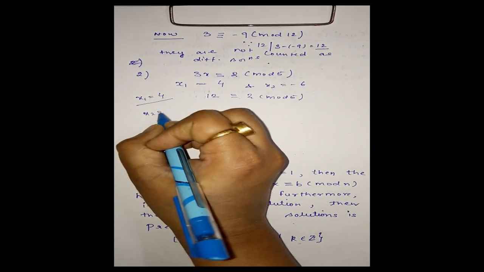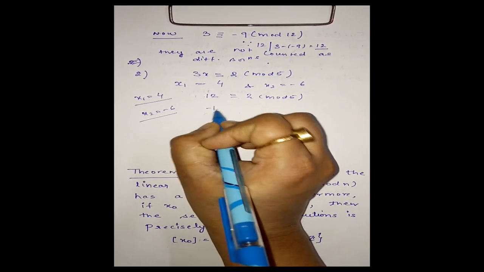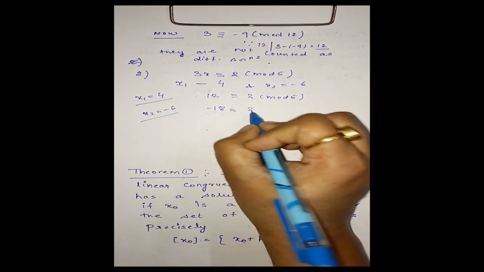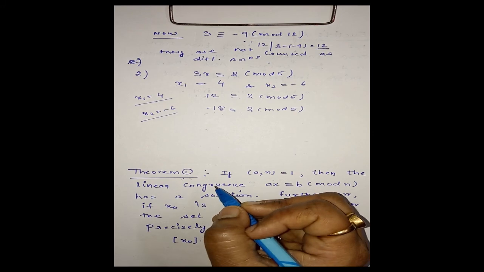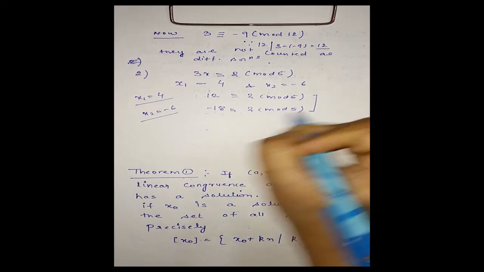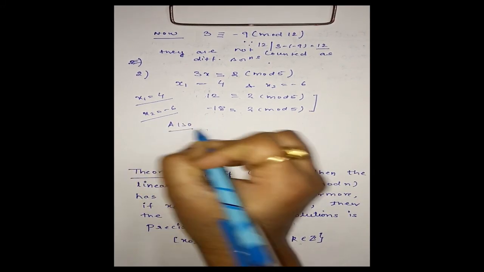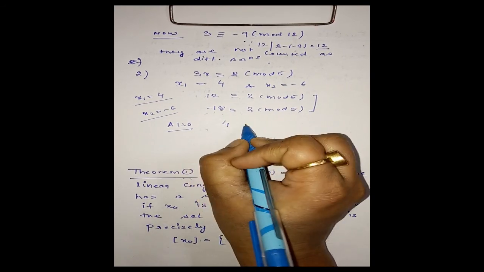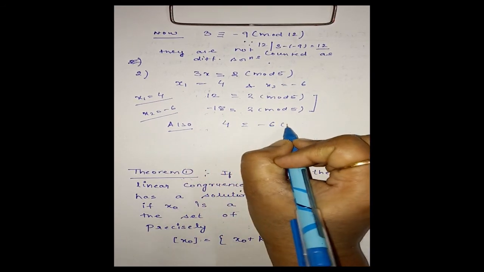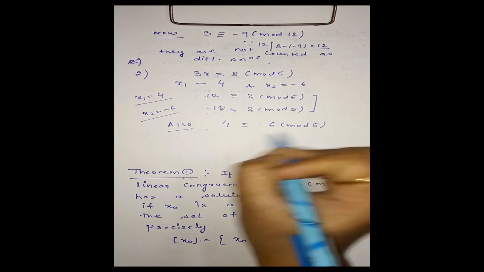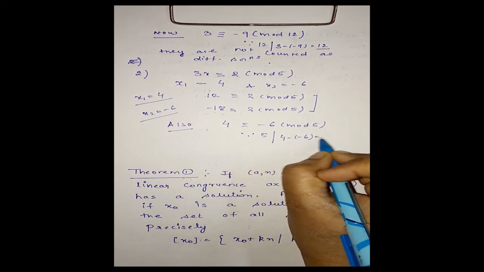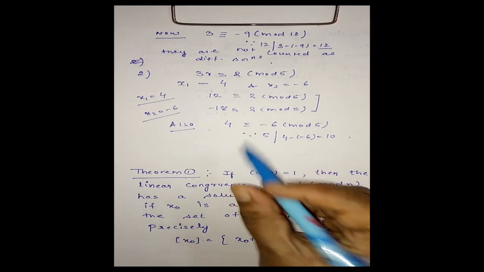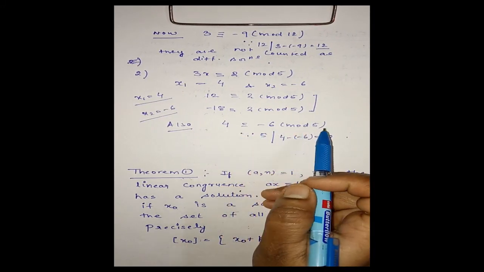And if I take x2 to be minus 6, then minus 18 is congruent to 2 modulo 5. Yes, 5 divides minus 18 minus 2, that is minus 20. Both are solutions. Also 4 is congruent to minus 6 modulo 5, since 5 divides 4 minus minus 6, that is 10. That means these two solutions are congruent modulo 5.